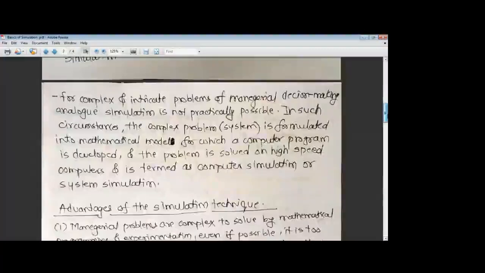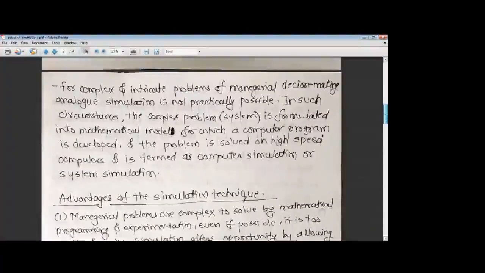There, what we'll have to do is think of something different. Managerial decisions are complex and intricate, right? Complex, I guess you understand, is the opposite of simple. But what is intricate?